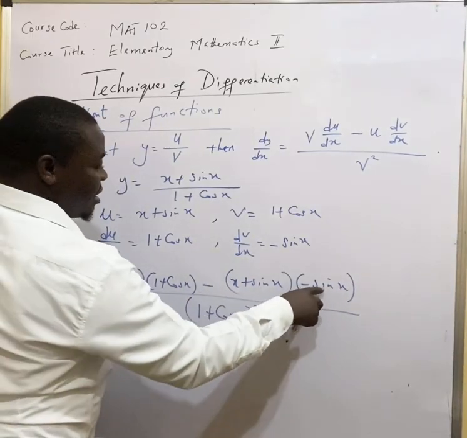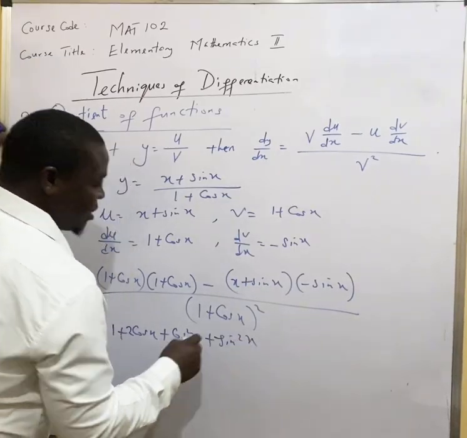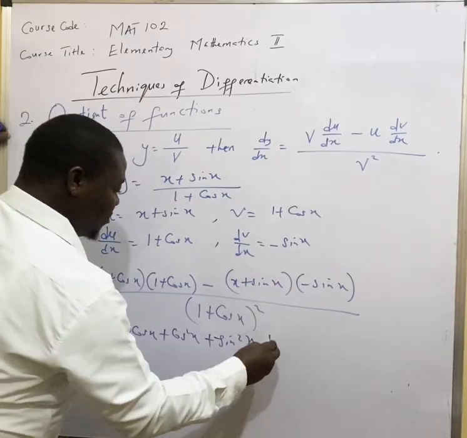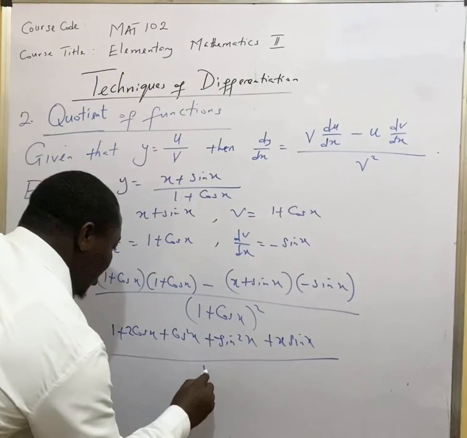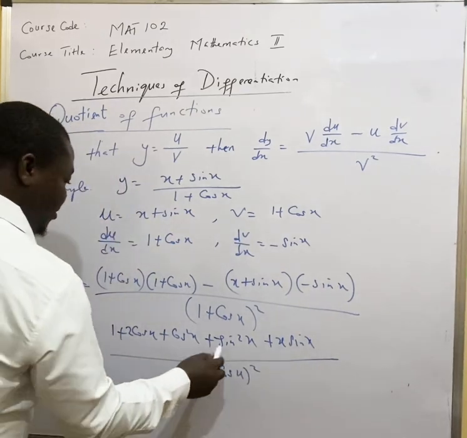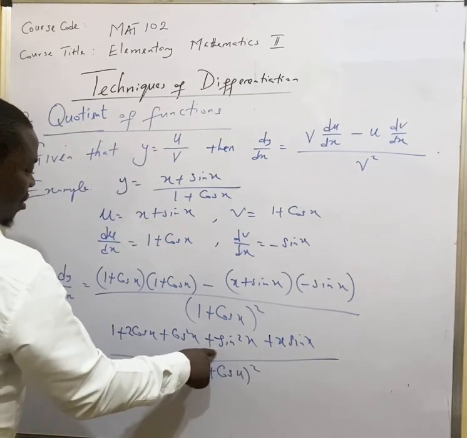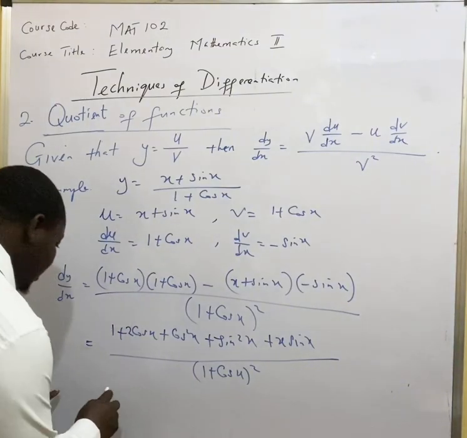Then we have sine x times sine x, that will be sine squared x. Then sine x times x, we have plus x sine x, divided by 1 plus cos x squared. So clearly from here we have cos squared x plus sine squared x, that is 1.